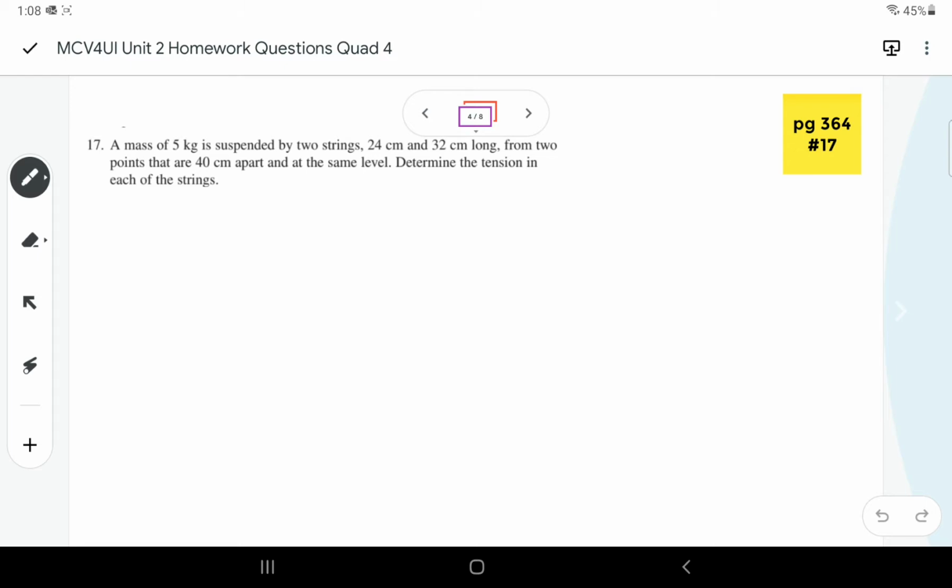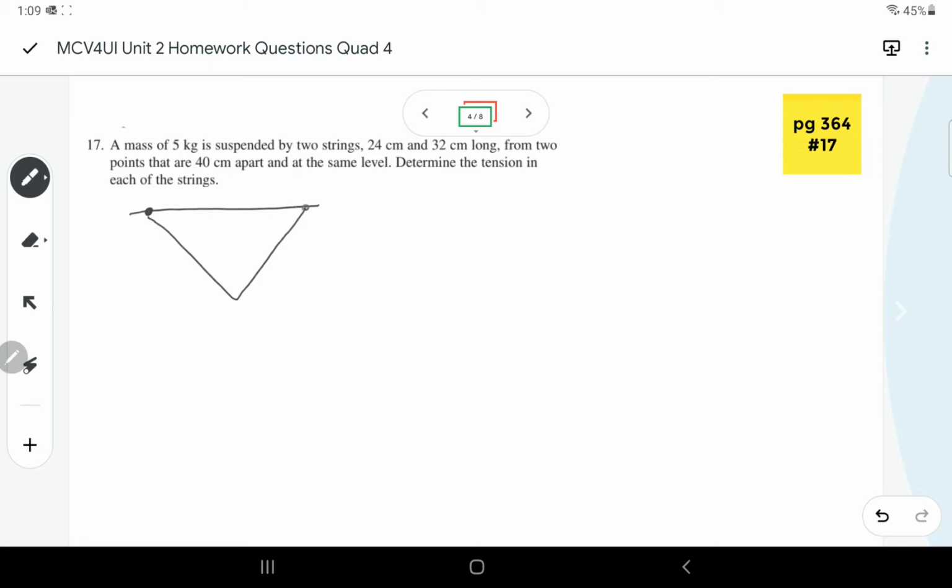So the next one, question number 4 here, page 364, number 17. Oh, this is a little bit out of order. This is back to the previous section. Normally I try to sort these, but I must have missed it. Here we've got something very similar to the tension question we did in class.